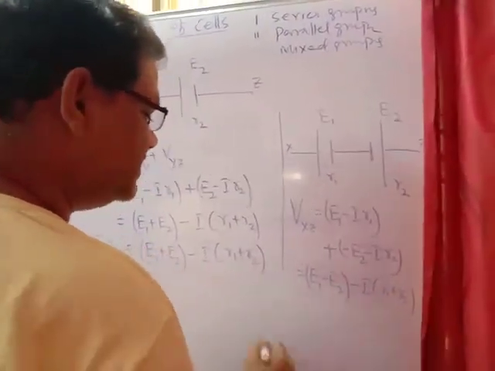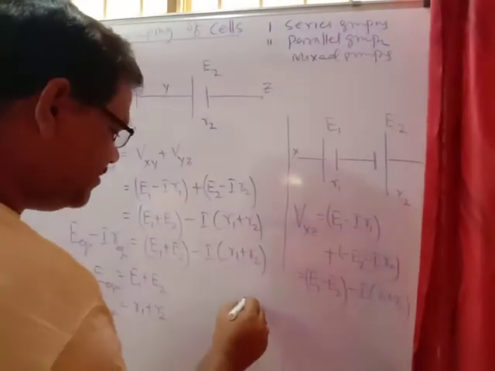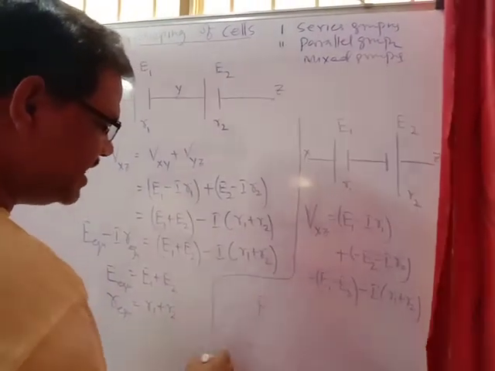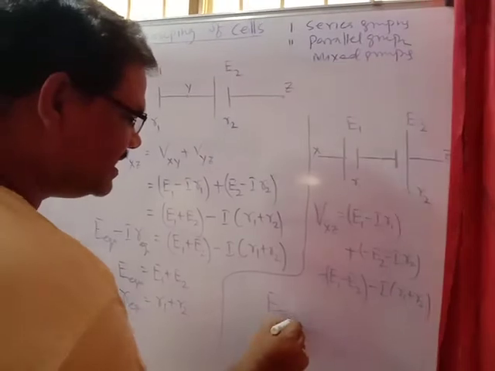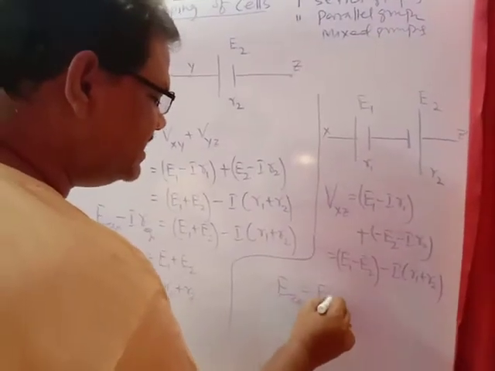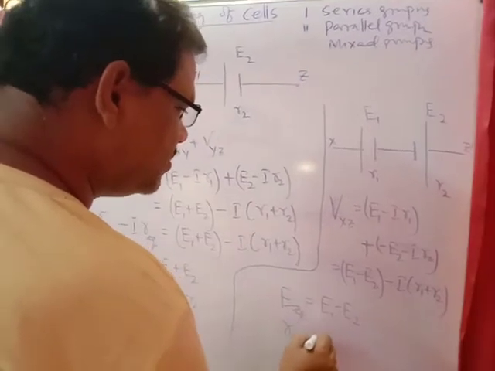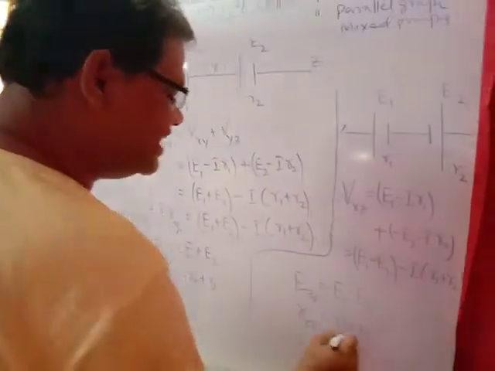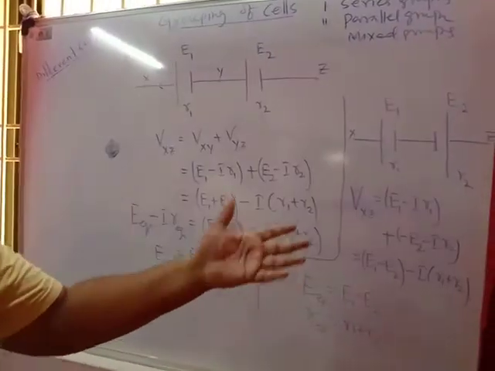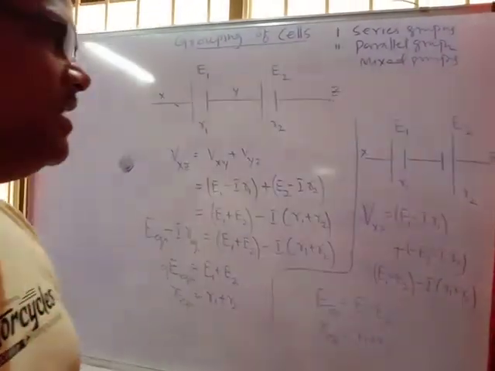If the polarity is changed, what will be the E equivalent? In this case, we get E equivalent equal to E1 minus E2, but R equivalent equal to R1 plus R2. Because by changing the polarity, the net internal resistance doesn't change.